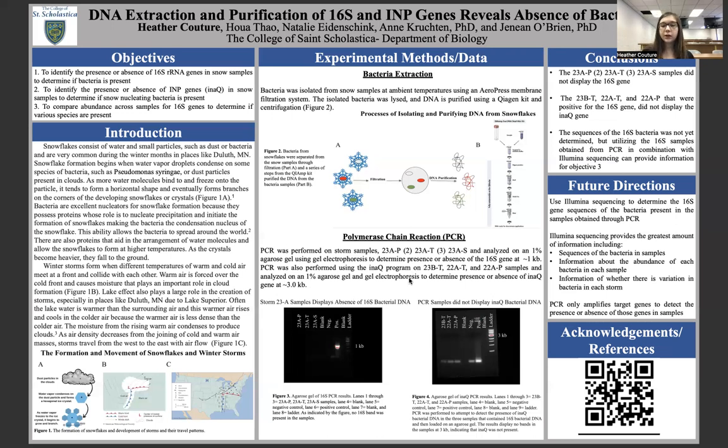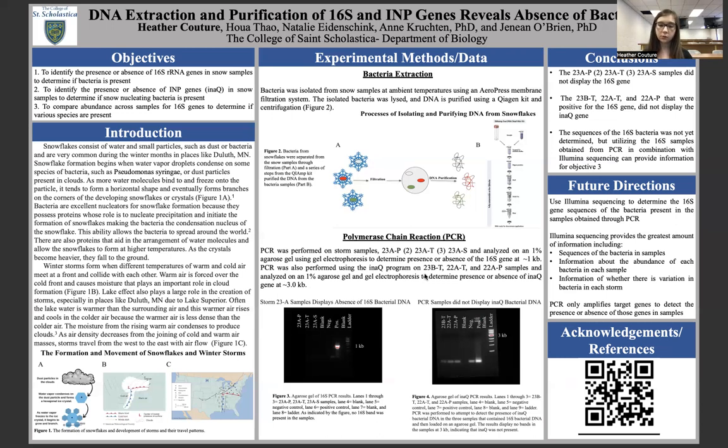So moving on from there, we took samples that were known to have 16S from prior years and ran them through PCR. Those samples were 23BT, 22AT, and 22AP.